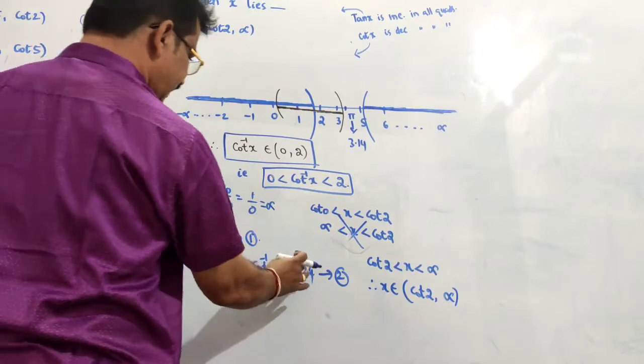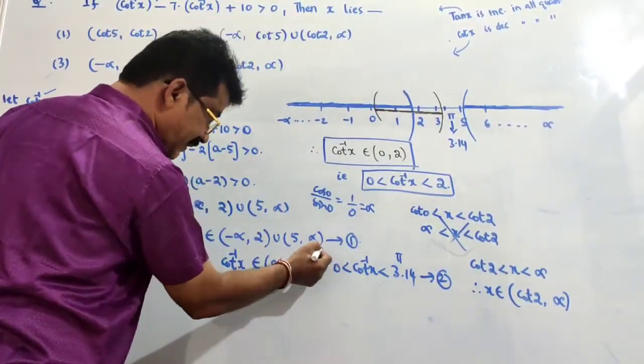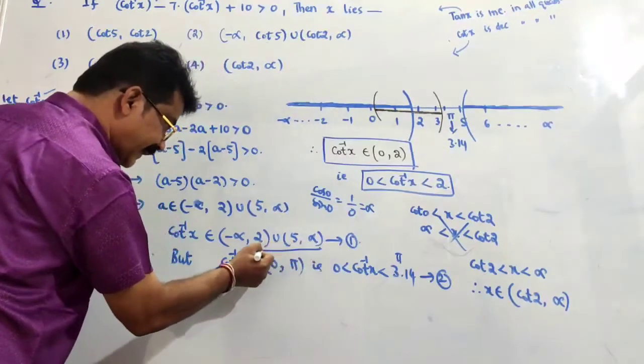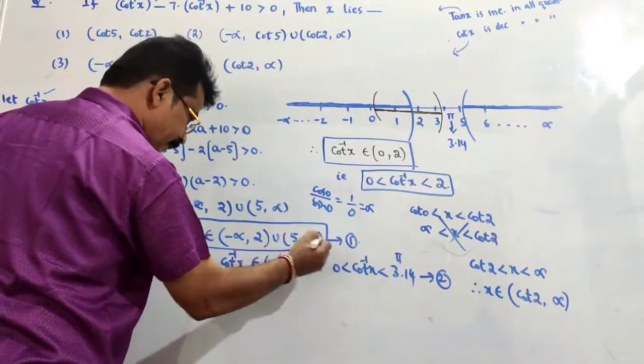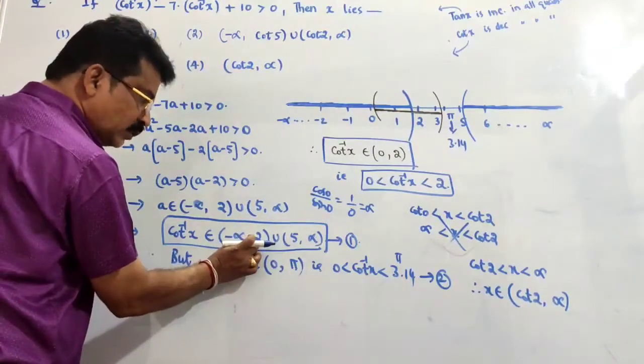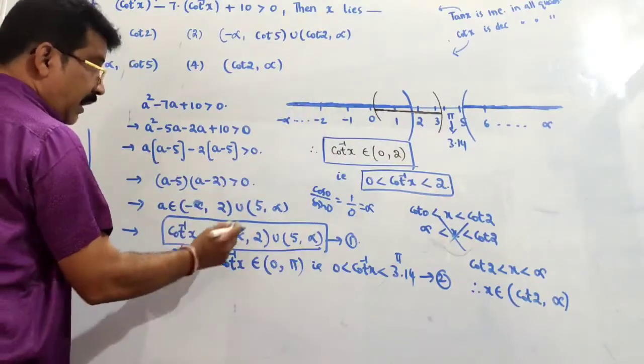Here we need not discuss other values. Once again, the first statement is cot inverse x belongs to the open interval minus infinity comma 2 union 5 comma infinity, which we shaded.